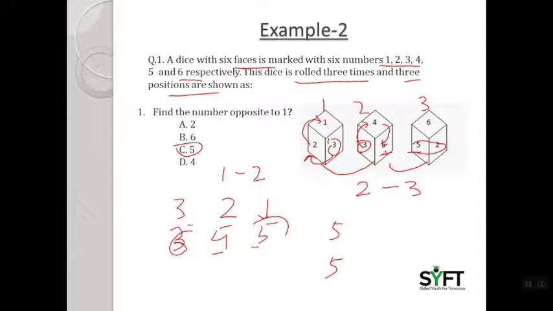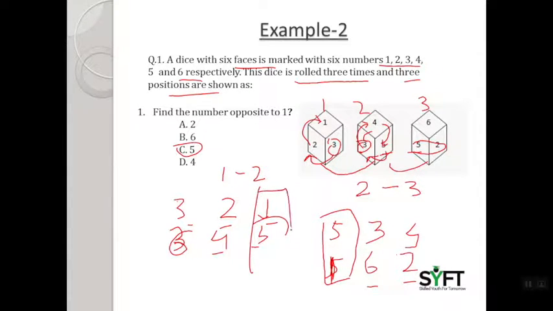Here you go 5 to 3 and 3 to 4, and similarly here 5 to 6 and 6 to 2. You can see we have 2, 3, 4, 5, 6, and 1 is missing, so we put 1 here. Here also we see the opposite to 1 is 5. You just compare two rolls and you will find the answer. So the answer is C, 5.